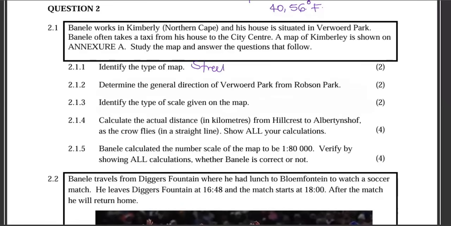So we have a street map. We could either call it a provincial map, because it shows the province there, or the region, meaning it's a regional map.